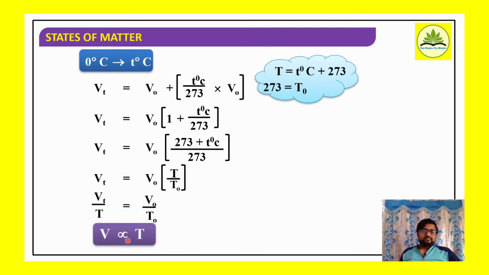Ultimately, V is proportional to T. According to Charles law, the volume of a given mass of a gas is directly proportional to absolute temperature.